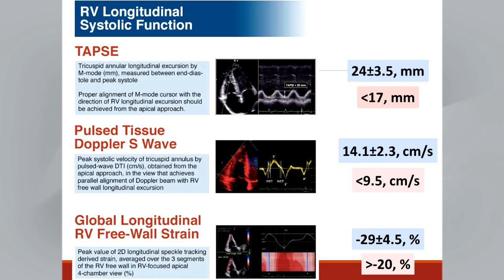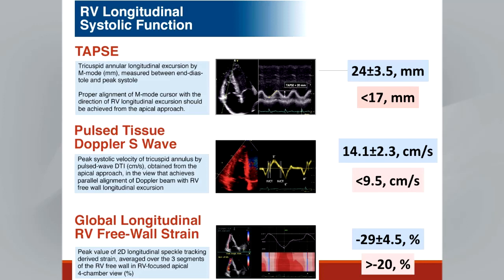It is measured by M mode with the cursor aligned along the direction of the lateral tricuspid annulus. Although this index predominantly reflects the longitudinal function of the right ventricle, it has very good correlations with parameters that estimate global right ventricular systolic function.